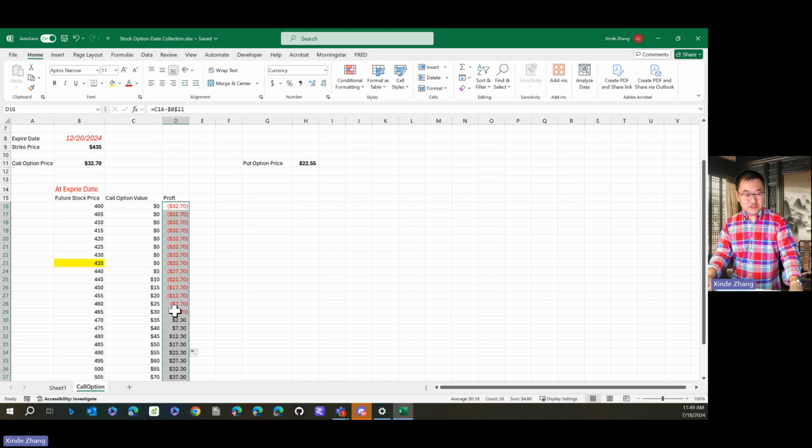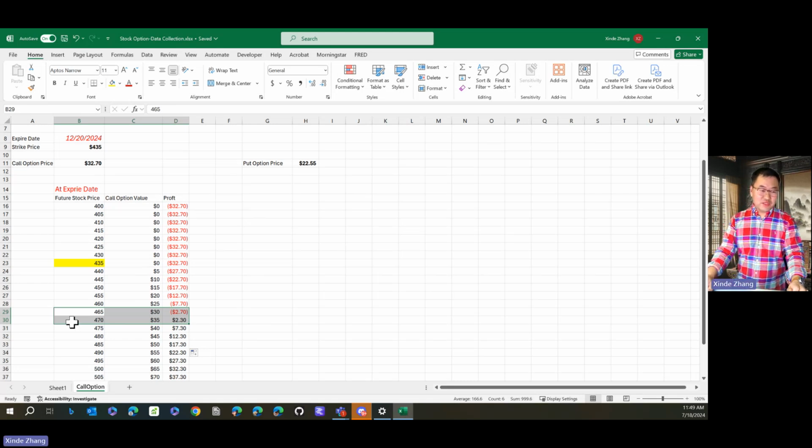So the first profit we actually see is when the option reaches about 470, so that the option holder can make a little bit of profit, about 230. And actually the break-even point is going to be in between 465 and 470.